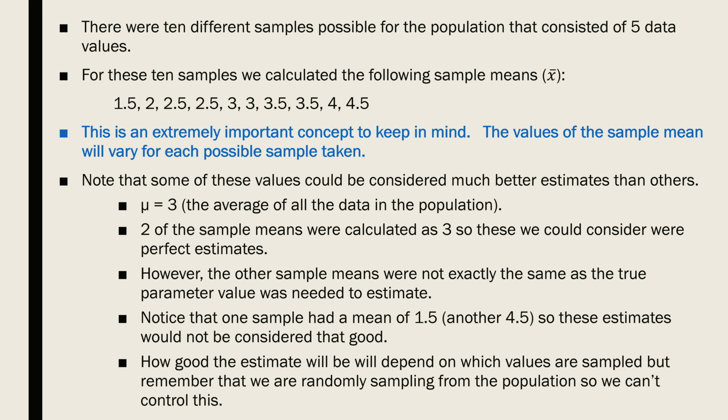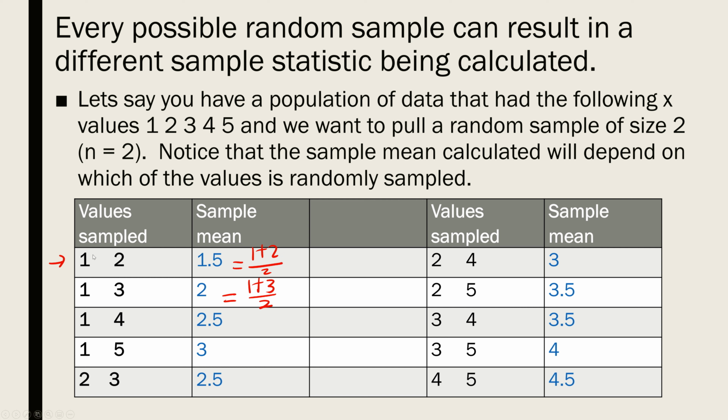There were 10 different samples possible for the population that consists of 5 data values. It means, at the most, you can have 10 combinations of two numbers sampled from 1, 2, 3, 4, 5. The order of sample values does not matter.